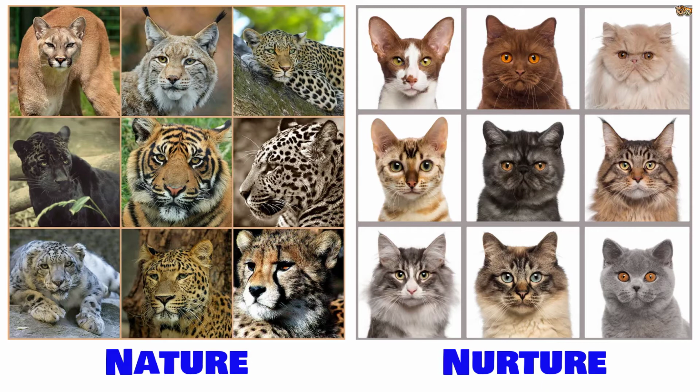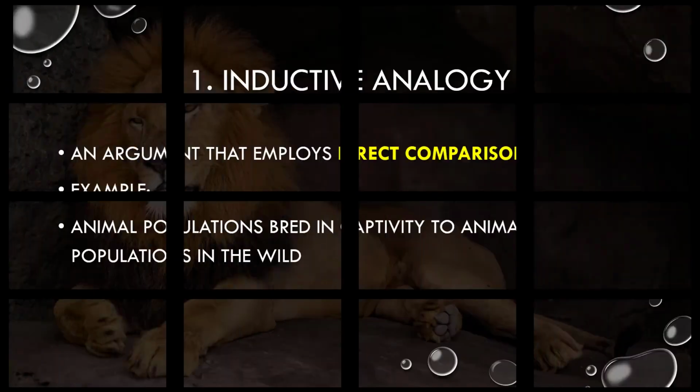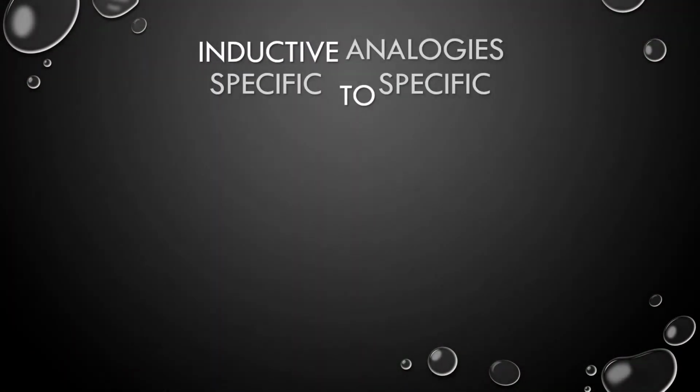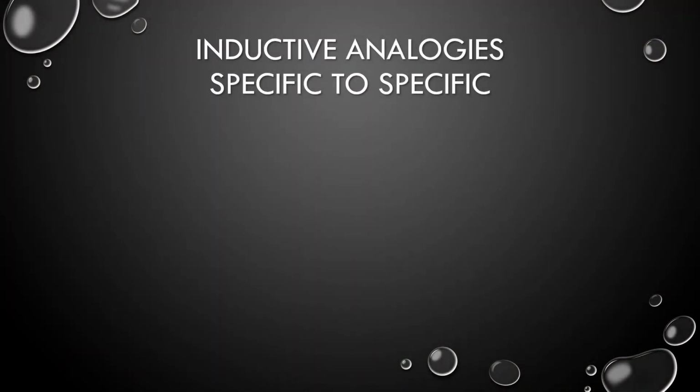So it's likely that nature employs a selection process similar to breeders. All right, and that example was a good one because we were actually moving from specific population to another specific population, and inductive analogies reason from, as we said before, specific to specific.